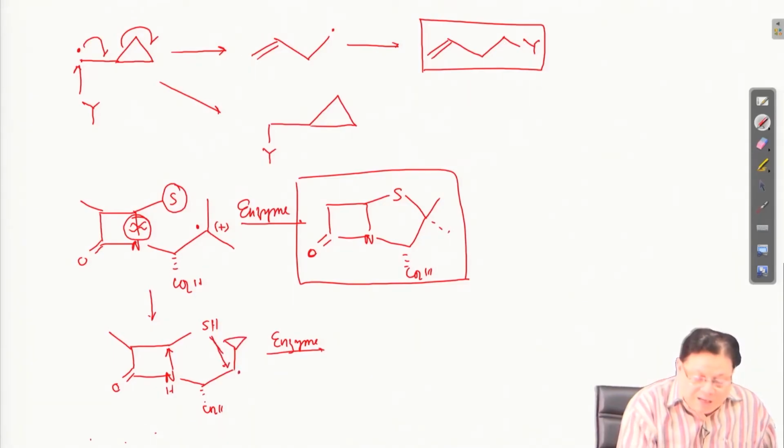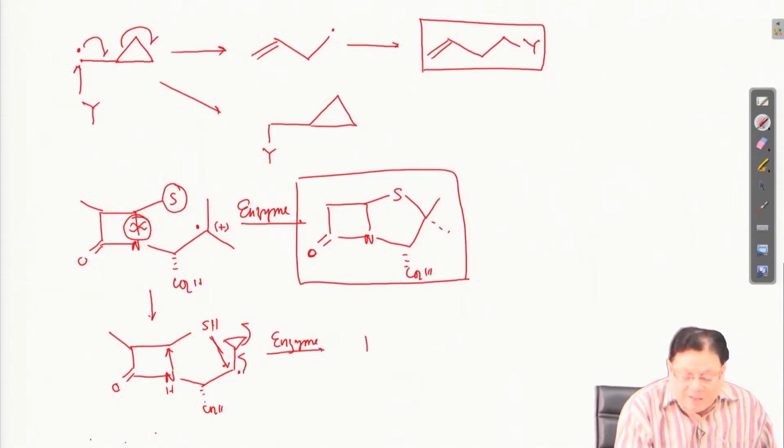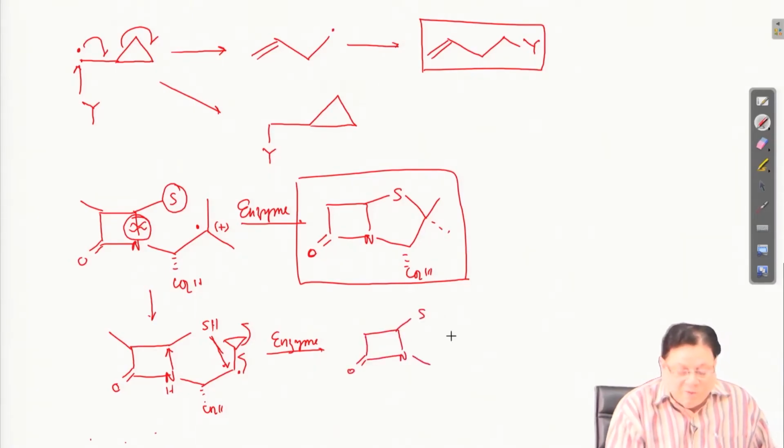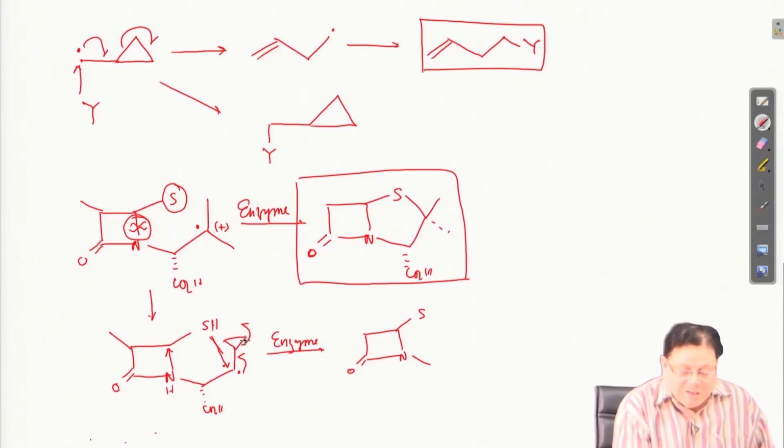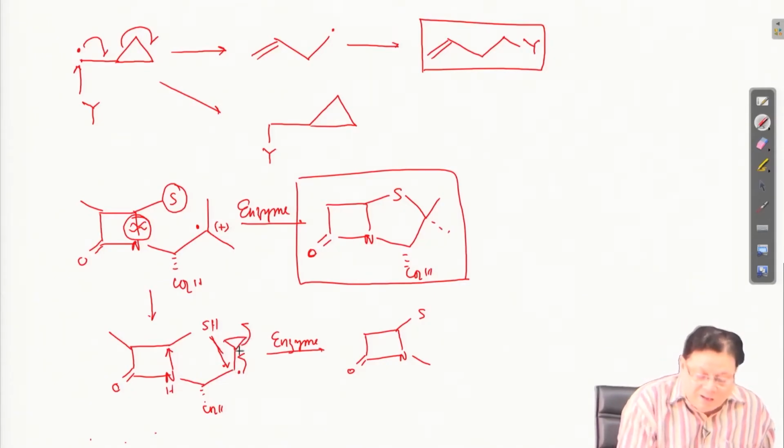If it is a radical, as I said, the radical will immediately open up, and what you will get in the end is a product where the ring size will be much more. What will be the ring size now? You can tell this is 1, 2, 3, 4, 5, 6, 7, 8.